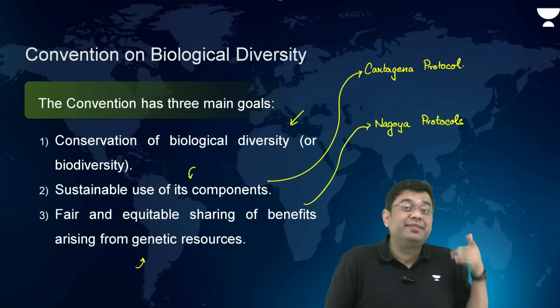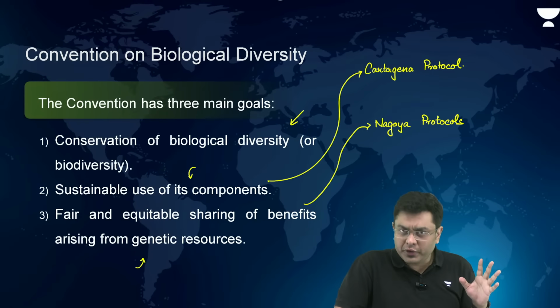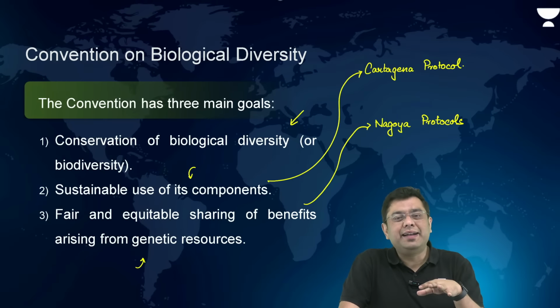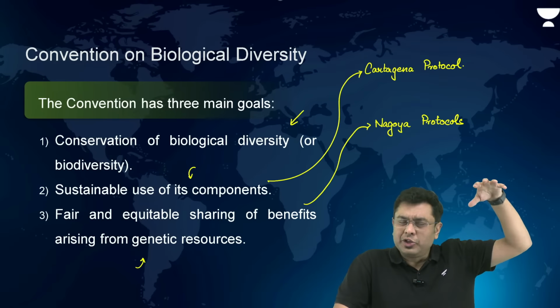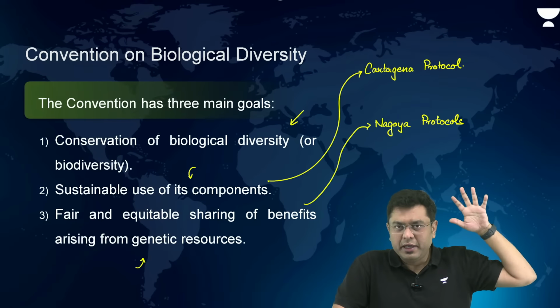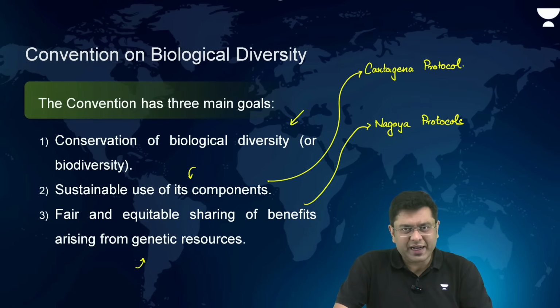These were the exact three objectives of the Biodiversity Act 2002. And under that, India had set up the National Biodiversity Authority, the State Biodiversity Authority, and the Biodiversity Management Committees at the district level. So you had the Biodiversity Authority at the central level, at the state level, and at the district level, so that the benefits could be shared, sustainable use can be ensured, etc.